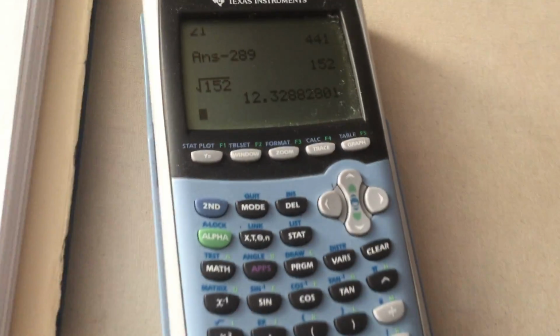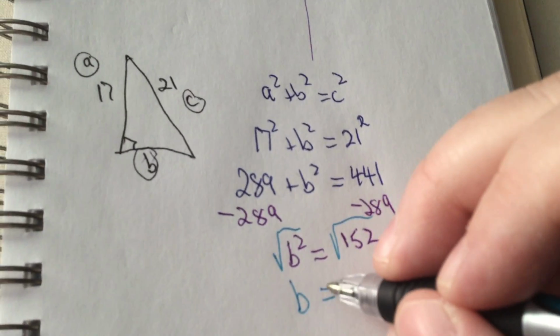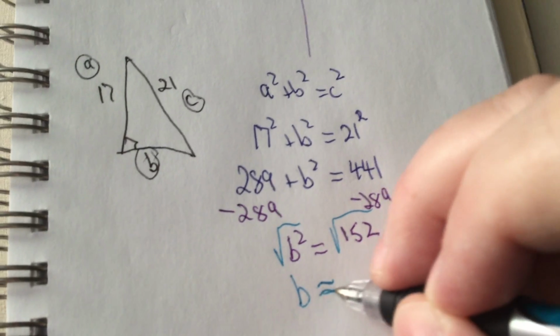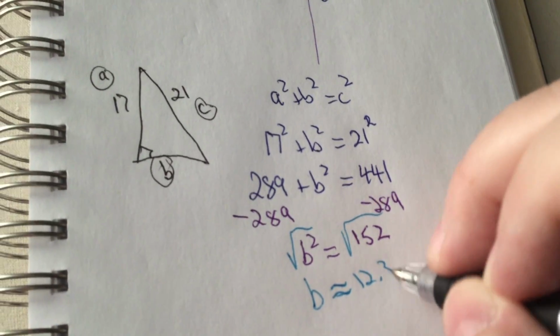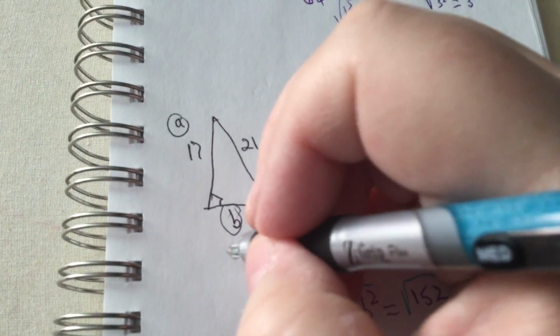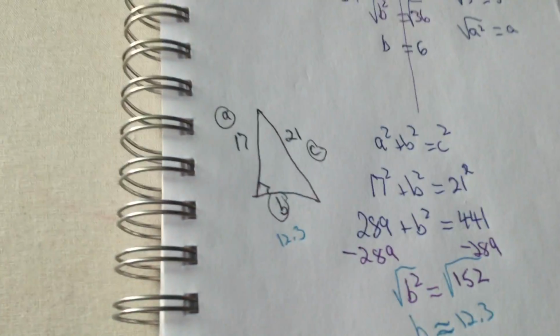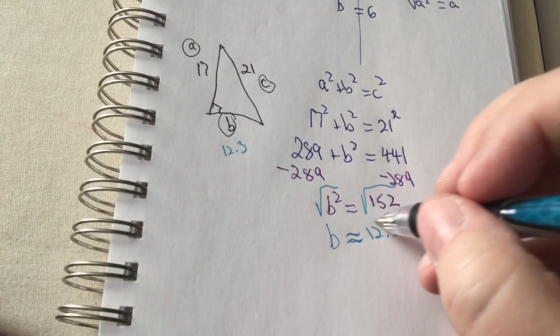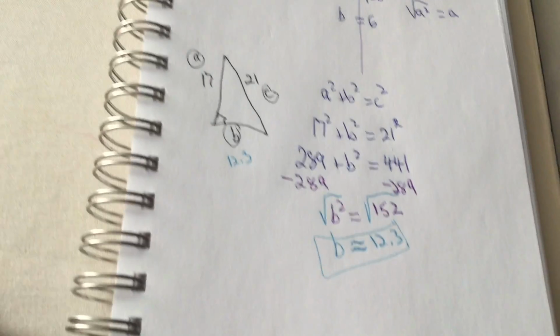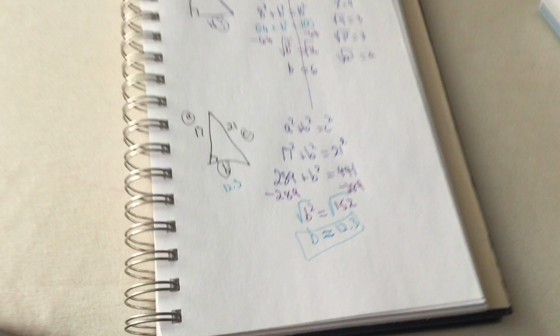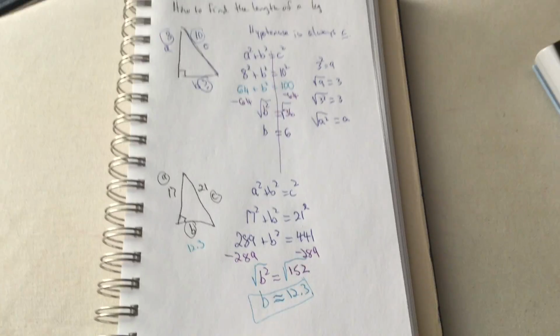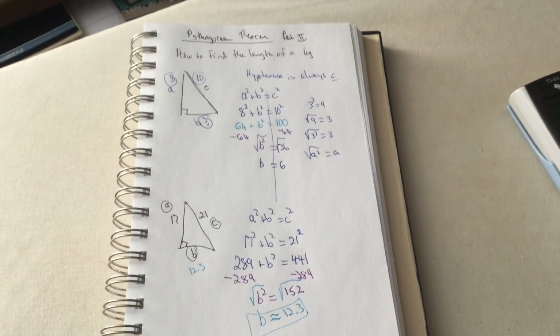So I'm just going to call that 12.3. That'll work. So it's roughly 12.3. Okay. Don't forget to box your answer. Makes life easier. And then whatever the units are, right? Don't forget the units. I didn't put any units on here, but that's okay for these purposes.